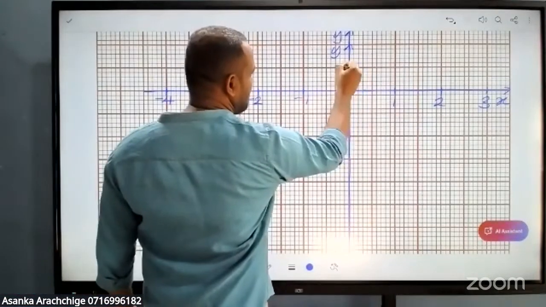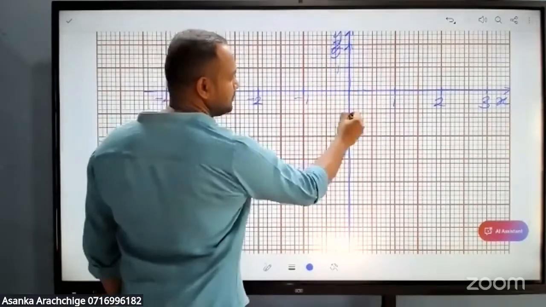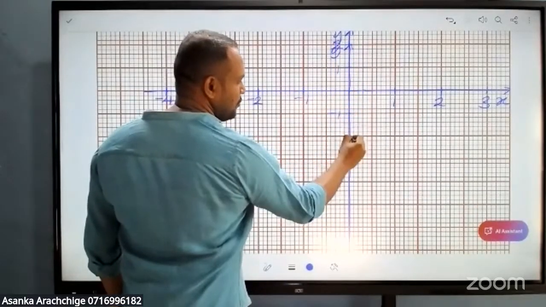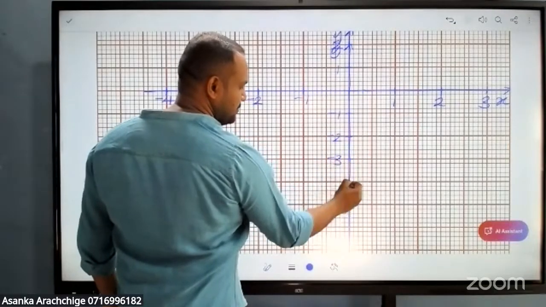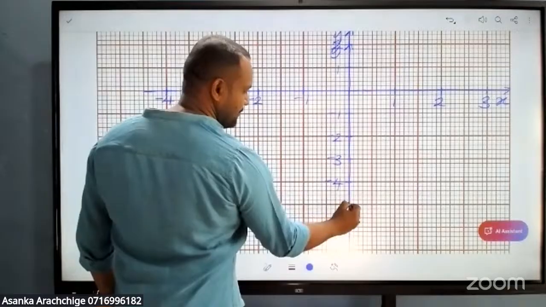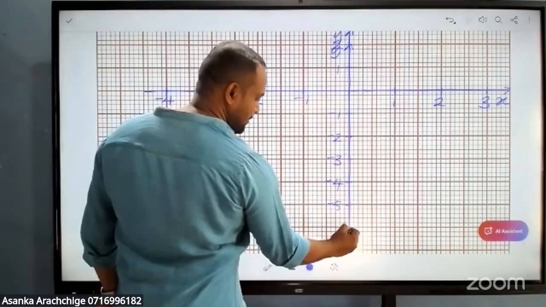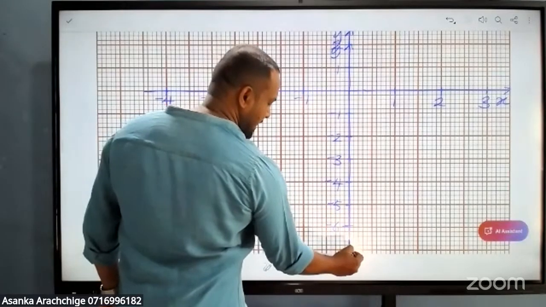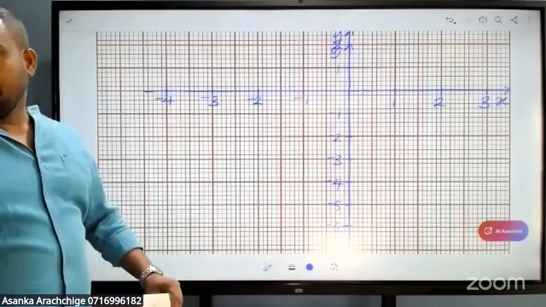Then this is +1 and this is +2. -1, -2, -3, 4, 5, 6, and 7. Right? Now I am going to plot the points.